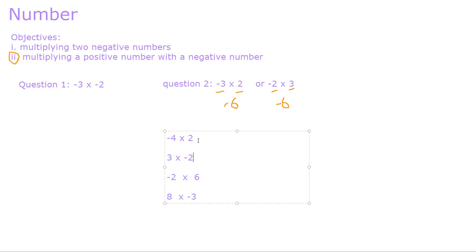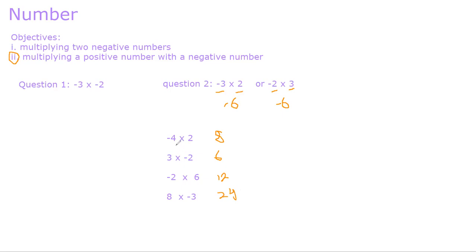In all of these cases, only one number is a negative number and the other one is the positive number. So in all of these cases, we can simply multiply the two numbers. 4 multiplied by 2 would be equal to 8. 3 multiplied by 2 would be equal to 6. 2 multiplied by 6 would be equal to 12. And 8 multiplied by 3 would be equal to 24.